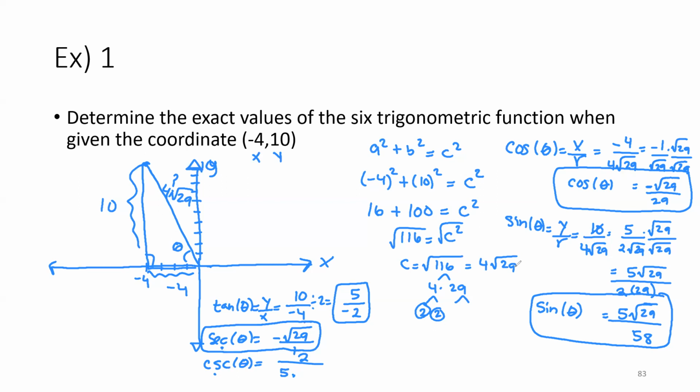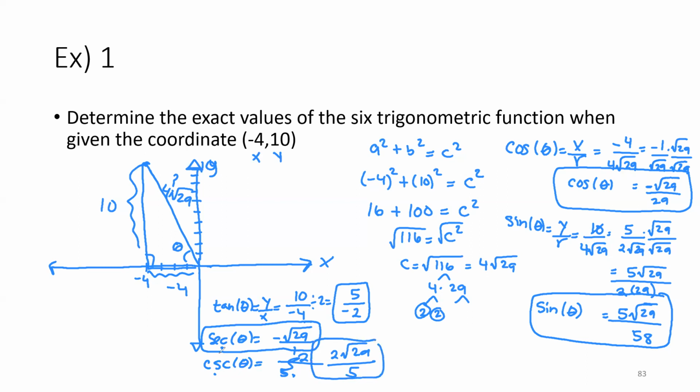Actually, it was 5 over 2 radical 29. So the flip of that would be 2 square root of 29 over 5. That cannot be reduced.